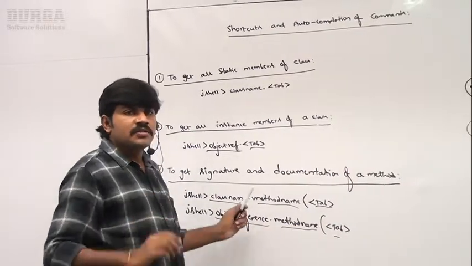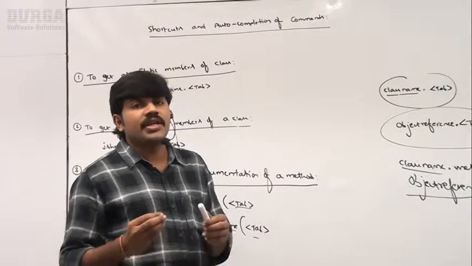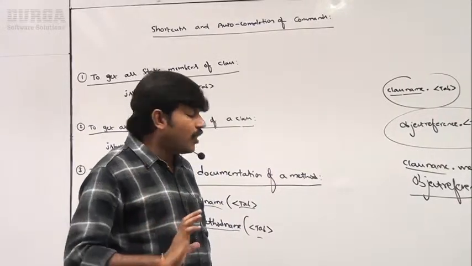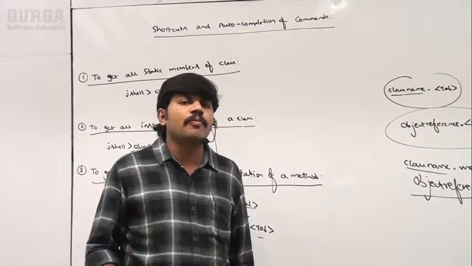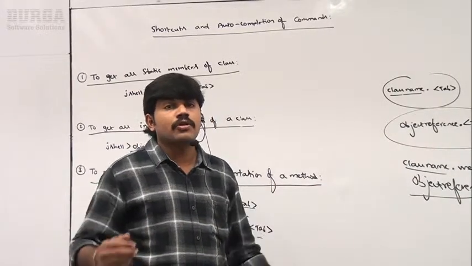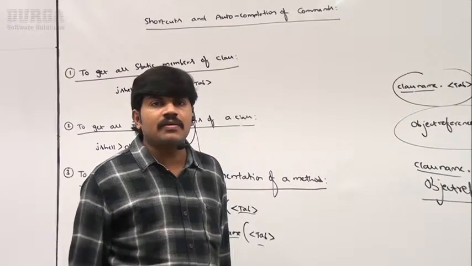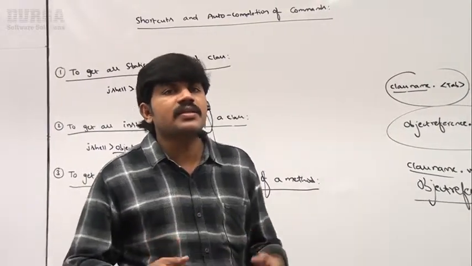That's all, friends. These are the things you should be aware of if you want to know the auto completion commands. All these things I have clearly documented, no problem at all. Just go through that and practice multiple times, then you will automatically get into the habit of these shortcuts.